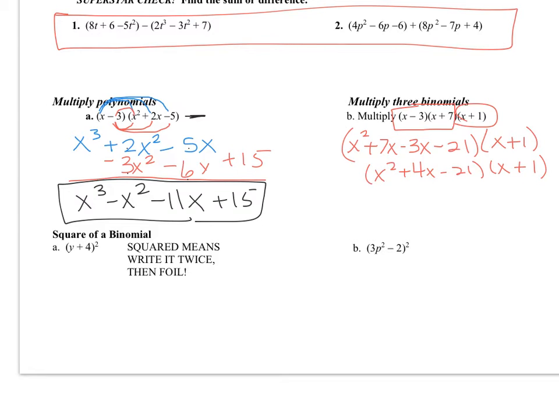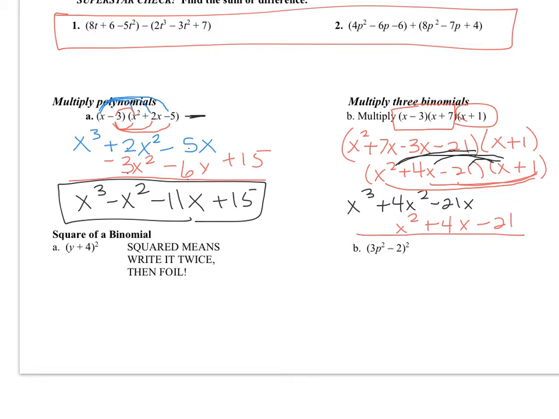So I'm going to distribute the x squared. It's going to make x cubed. Multiply the x times the 4x to get plus 4x squared. Take the x times negative 21 to get negative 21x. Now we do the same thing with the 1. 1 times x squared is x squared. 1 times 4x is 4x. 1 times negative 21 is negative 21.